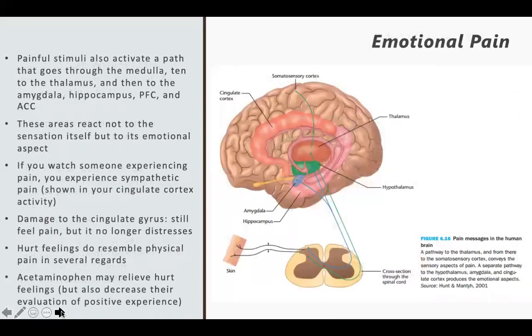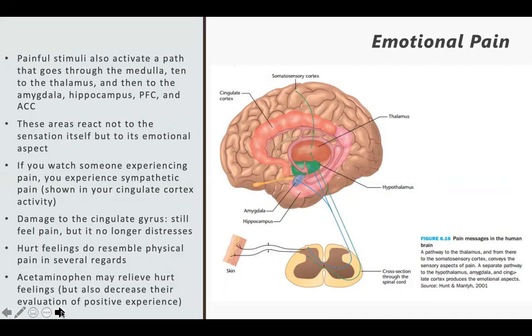Yeah. And in addition to the somatosensory cortex, painful stimuli also activate a path that goes through the medulla and then to the thalamus, and then to the amygdala, hippocampus, prefrontal cortex, and anterior cingulate cortex.